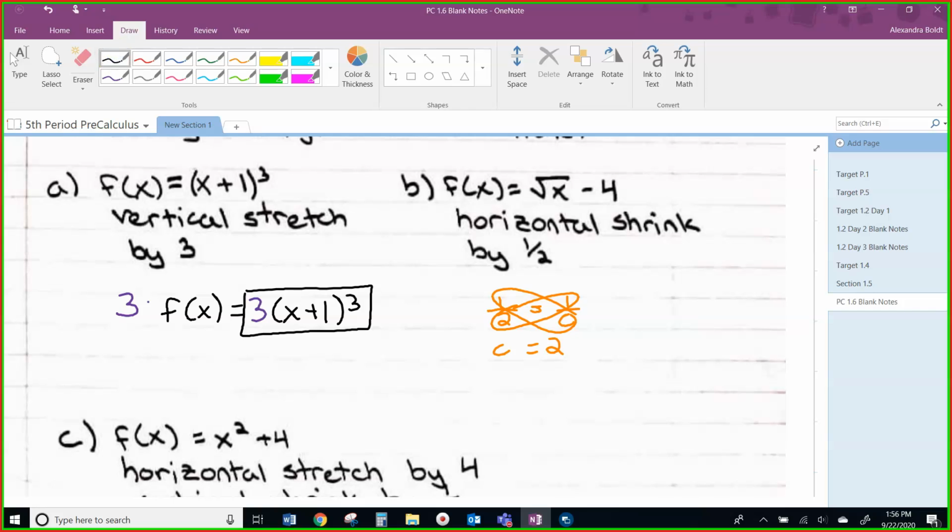So that means my function is going to be f of x equal, well, I write my function exactly how it is, but wherever there's an x, I'm going to put a 2x. We'll put the square root of 2x minus 4.